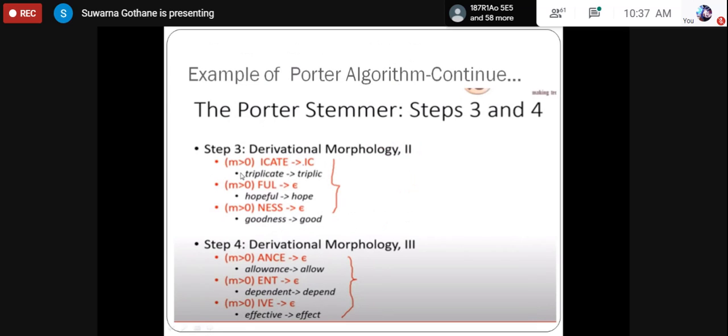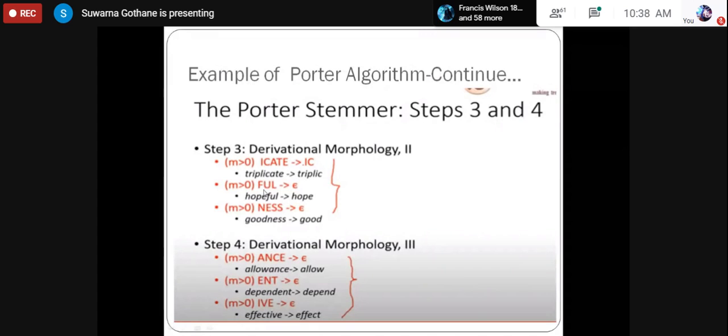Again in step 3, if ICATE is there, it is going to convert into IC with the combination of M greater than 0. M greater than 0 means definitely a combination of vowel and consonant should appear once. Here we are not considering, this is epsilon, this is not E. Epsilon means we are not considering it, acting like a null.